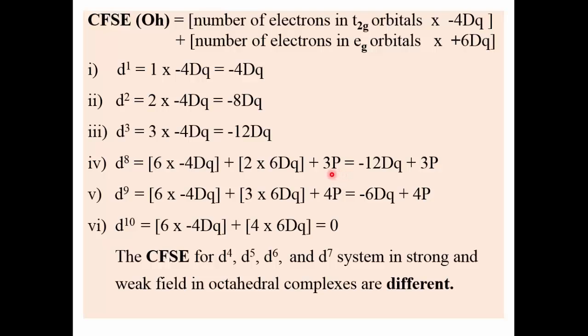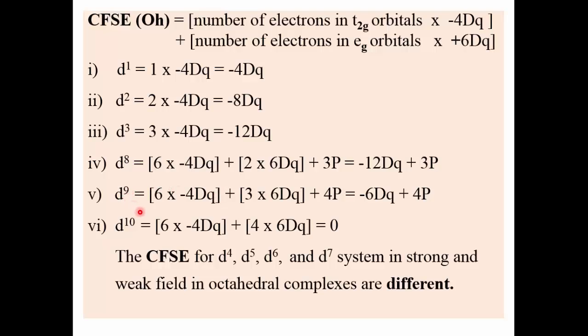So pairing energy is added. Hence 6 into minus 4 becomes minus 24dq plus 12dq, which becomes minus 12dq plus 3p. This is the CFSE in both strong field and weak field for the D8 system.